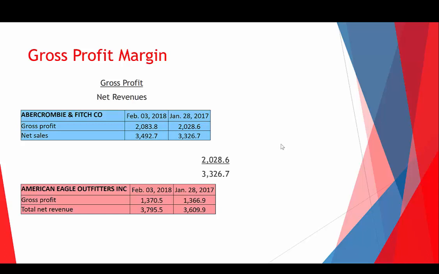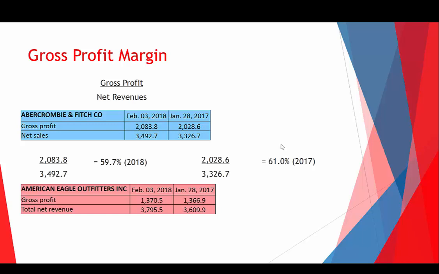Yeah, exactly. So for 2017, we can see Abercrombie & Fitch had a 61% gross margin, and in 2018, it was 59.7%. So a reduction in gross margin is never going to make investors happy. You kind of wonder why, what's happening. Is that a long-term thing, or is that just a one-time issue in 2018 with input costs increasing?